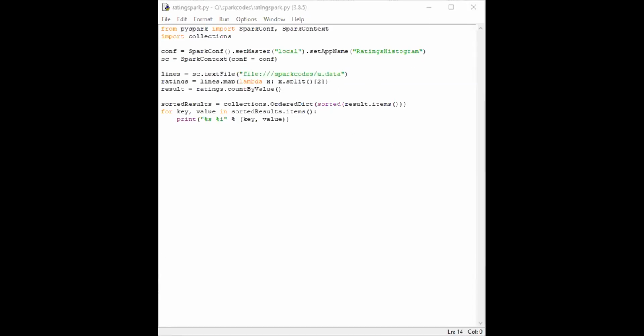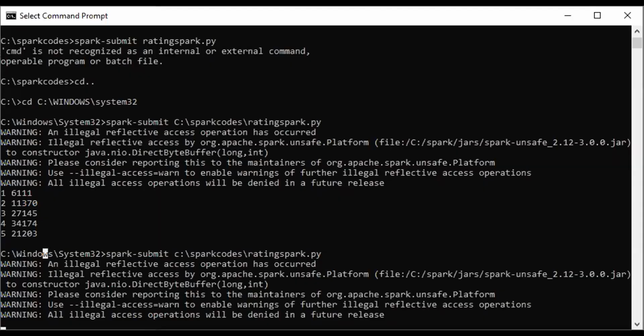Also, in the command prompt, which is still running, maybe I need to restart it. When you submit your code, you should type spark-submit, and as you see, spark codes ratings spark.py. Basically, spark codes ratings spark.py is the address of my file. On your system, this part also might be different, but you have to type spark-submit.